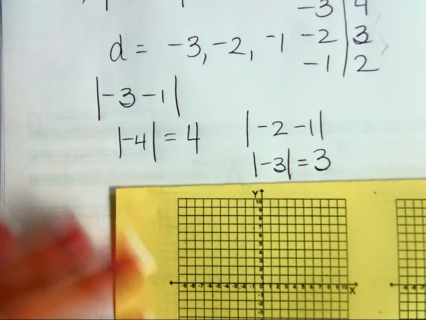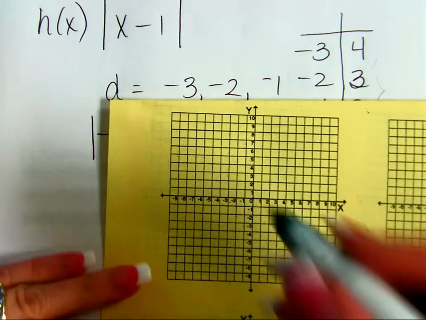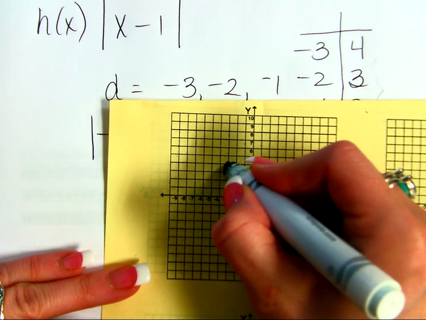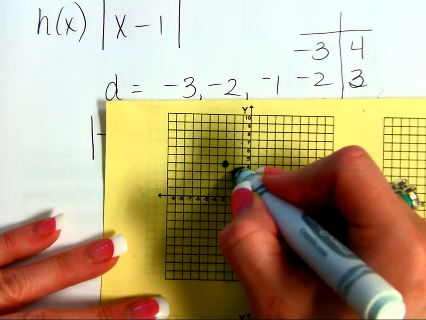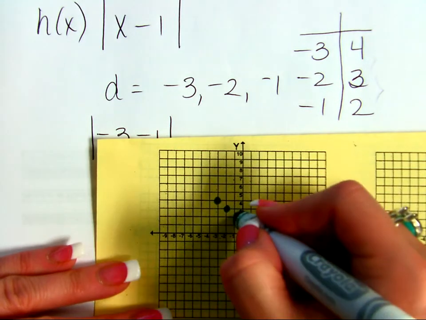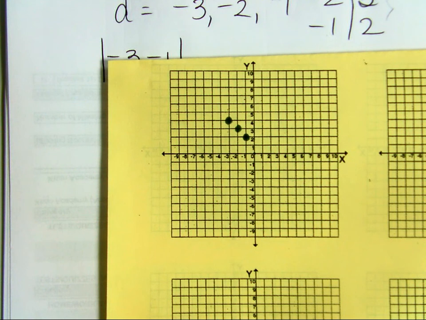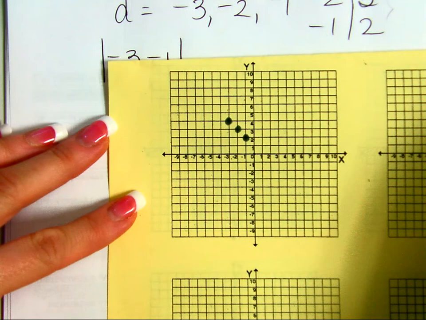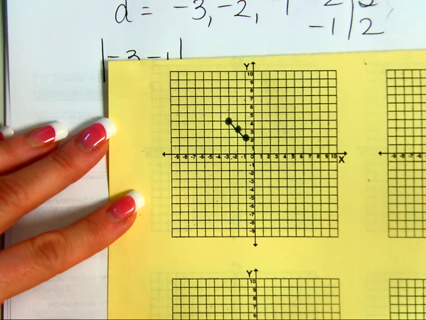So I'm going to plot these points. -3, +4. -2, +3. And then -1, +2. And what do I do for that? Technically, could I just leave it? Yeah. But if I do decide to connect, then it only can go there. That's it. Got it? Okay.